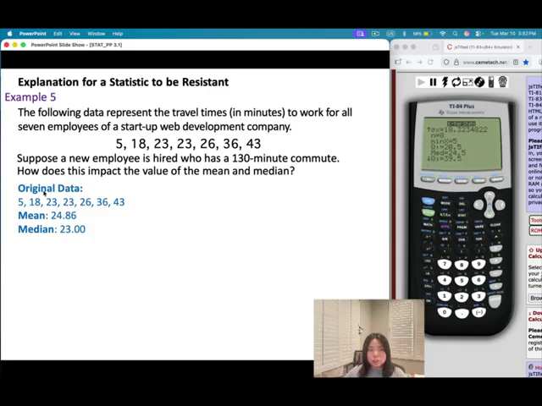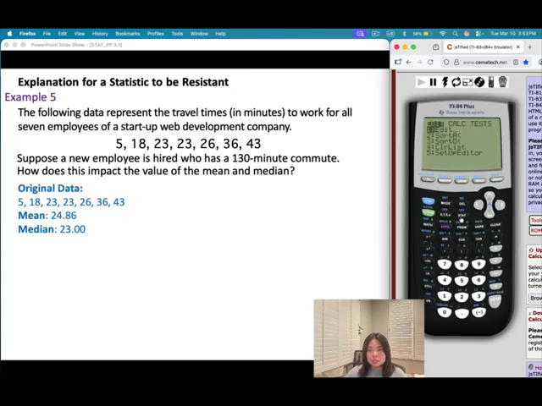Okay, so my original data, that will be this guy. And then we find out the mean from example 1, the median from example 3 here. Okay, right? Now, I want you guys to try to use your calculator. Find out the new data set of the mean and the median. Okay, remember how to do it?